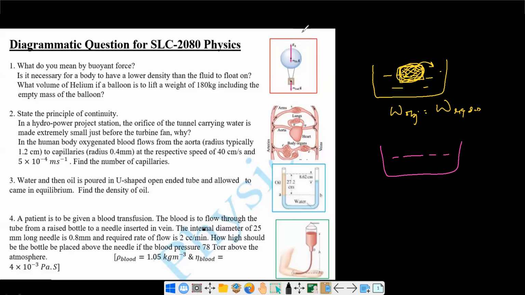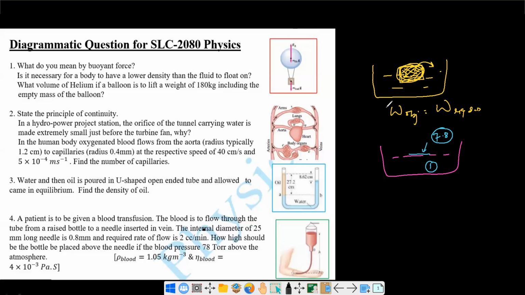Let me use another color so that you can recognize it well. Suppose this is your needle, and it is made of iron and steel, so its density is in the order of this. The density of the liquid is in the order of 1, but the needle still can float here. The reason behind this is the surface tension.